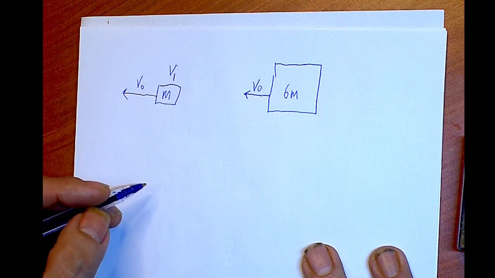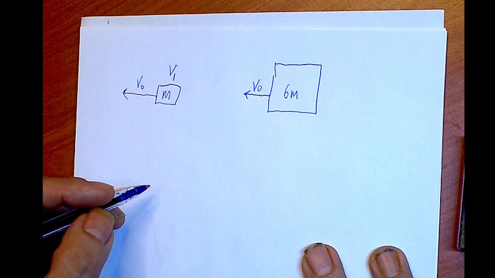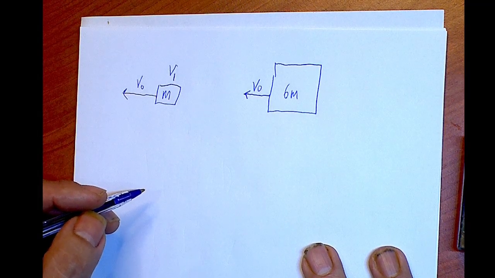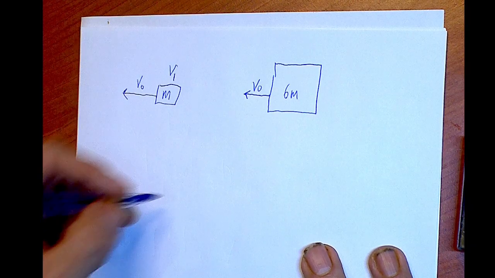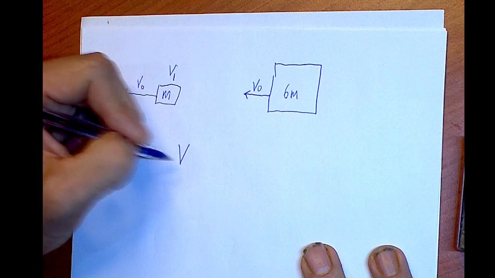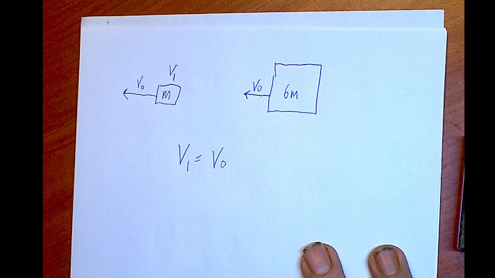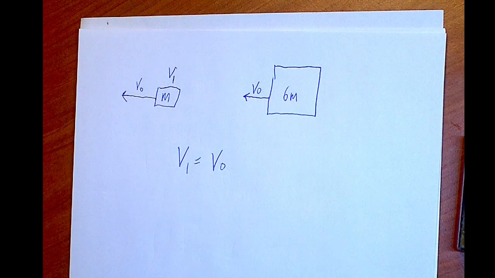So I don't know what they're looking for here. It's kind of like a trick question. Somehow say that they never could collide because the only way they could collide is if V1 is equal to V0. And so that is the first problem on the 2025 APC test. Hopefully that's helpful. Thank you.